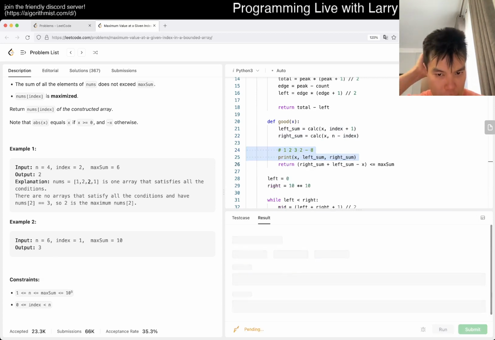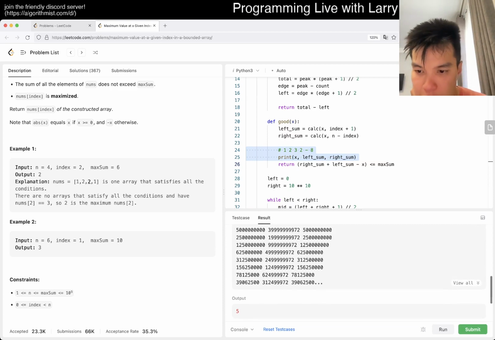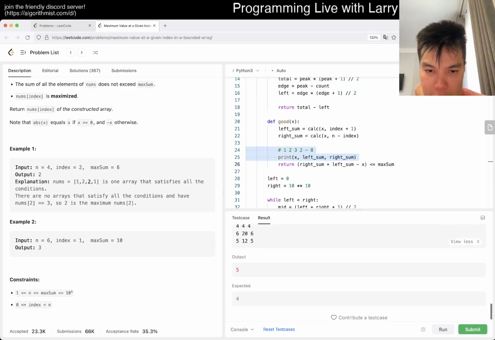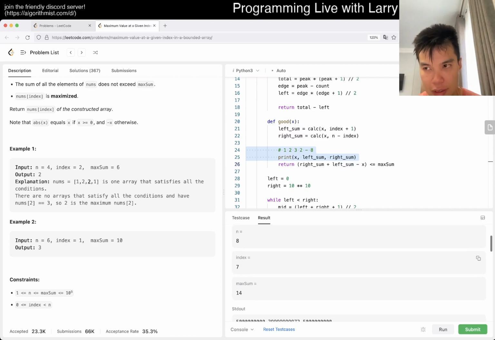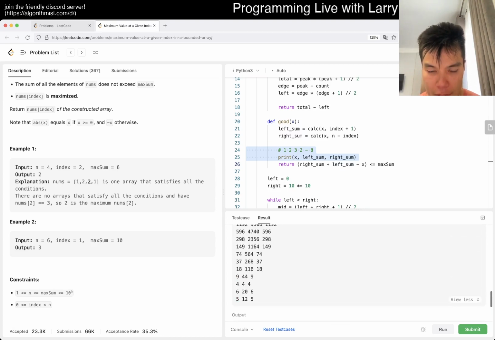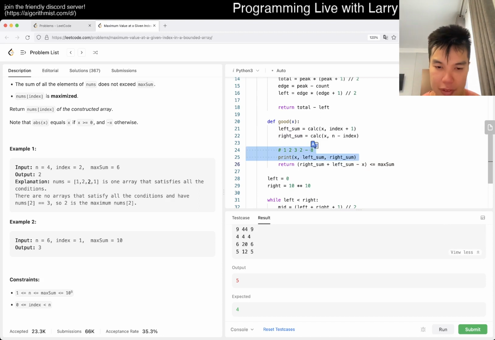Okay, what is this? So 7 numbers on the left, 2 numbers on the right. So we try 5. Oh, I see. It's a little bit awkward, isn't it? Man, I'm making a lot of silly mistakes today.